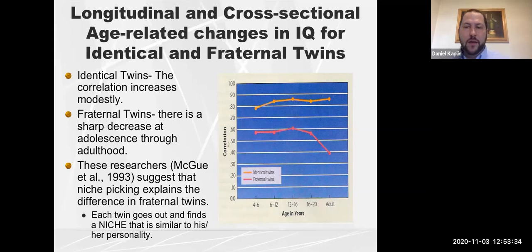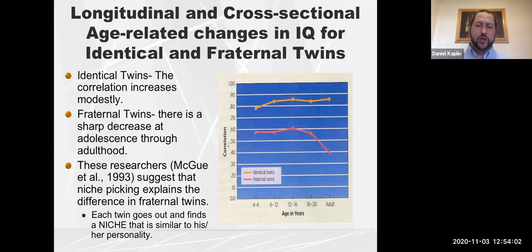Once again, if you look at the mustard color or orange color, that shows the genetic piece. But if you look at the red, which depicts fraternal twins, through time, the correlation drops off. And you might ask yourself, well, why is it that identical twins, the correlation increases a little bit or stays relatively stable, but with fraternal twins, it drops off?